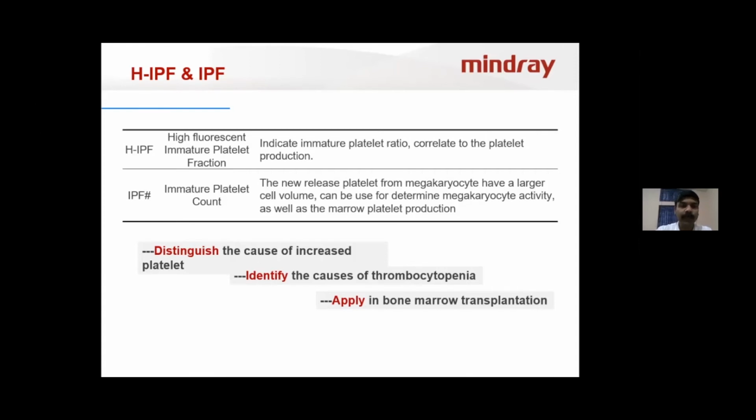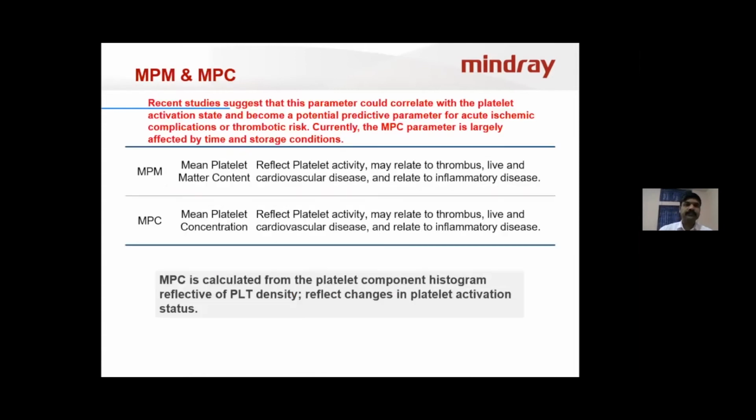So this is the new parameter that Mindray's high-end hematology analyzers will be putting into the hands of clinicians. Apart from counting and the DNA RNA content, as you all know, in the SF Cube technology we are having a 3-dimensional analysis. In the 3-dimensional analysis, we have forward scattering, which is size, side scattering, which is the granularity and the complexity, and the fluorescence, which gives you DNA RNA content.